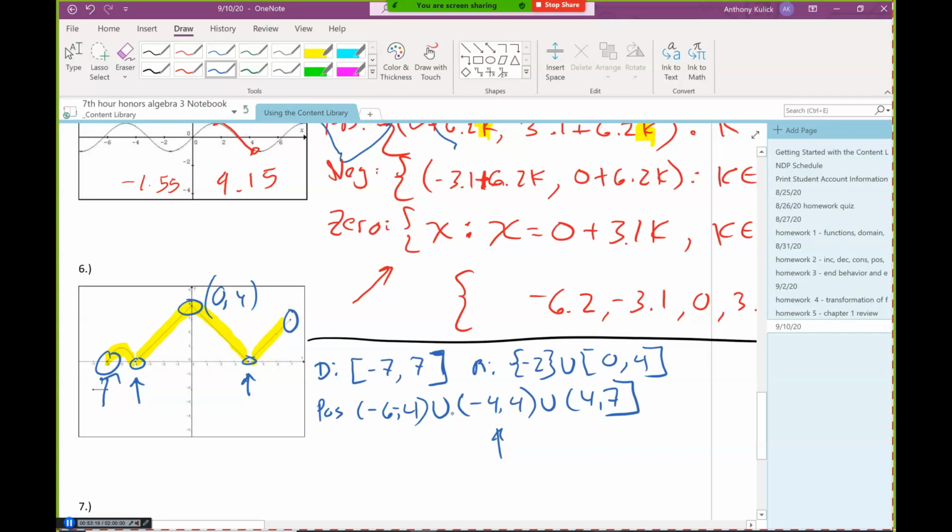Because I didn't write it as a separate interval, I just wrote this as one big thing, the 0 is inside of it already. It is included. If you wrote it as -4, 0 bracket, union 0 bracket, 0, +4 parenthesis, that would be fine. But that's more writing than you need to do. Okay. Thank you. Edmund, can you explain the range?